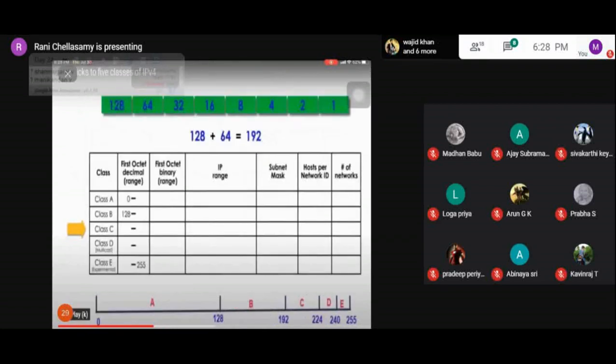So in this picture, last thing, 0 to 128. In between, the range can be specified 0 to 127 as the first range. And class B starts with the value 128 and goes up to 191. And C class range starts with 192.